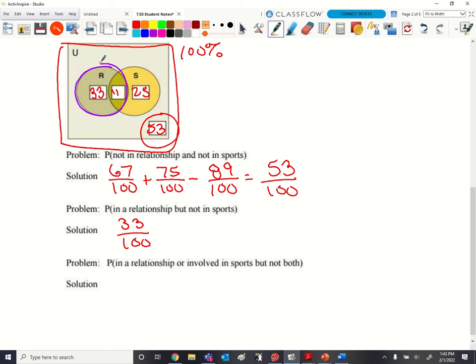So those that are in the relationship, are there some of them that are also in sports? There is, right? So what would I do? I know these are all my relationship values, and I want to get rid of the ones that are in a relationship and are playing sports. So I'm going to take away 11.